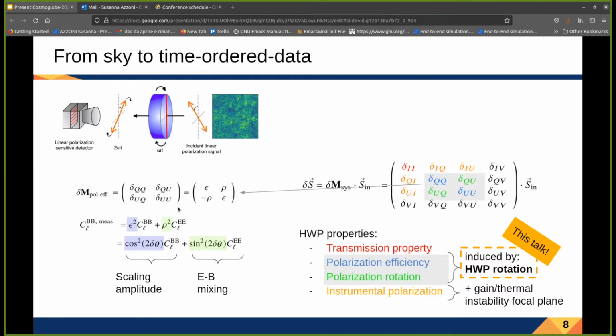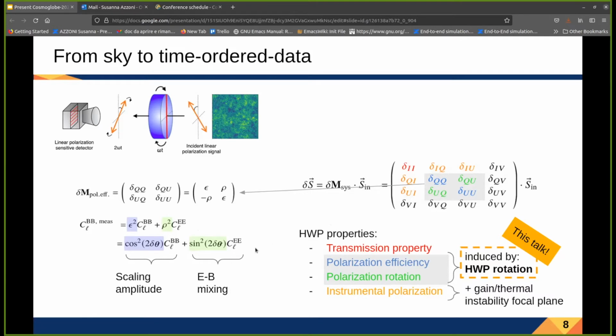And so if we do the calculation, with a bit of magic there, we can find that essentially the Mueller matrix parameters, such as those associated with polarization efficiency, so the amplitude of the QU block of the Mueller matrix in particular, are the ones relevant for the effects of the instabilities of the half-wave plate angle.